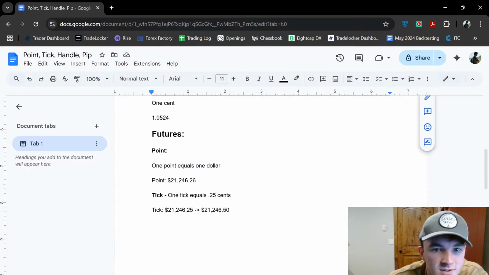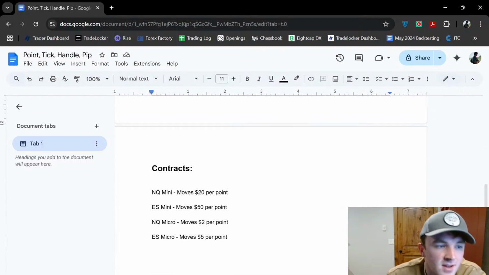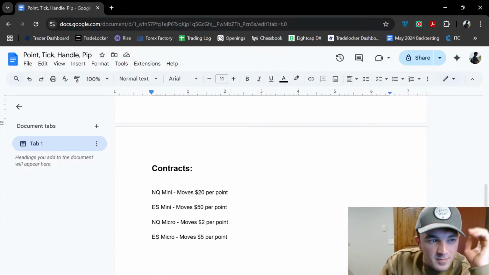For futures, 1 point equals like $1. But for futures, 1 tick is 25 cents, so a change in 25 cents is a tick. I just learned all that yesterday. I'm going to make a video on that later.